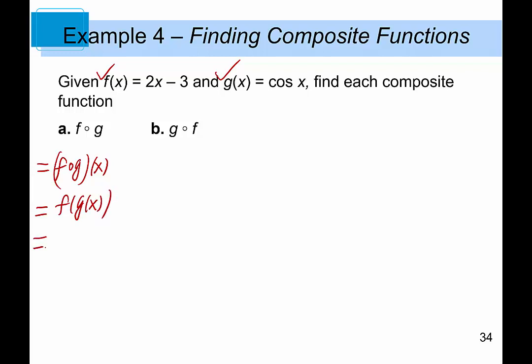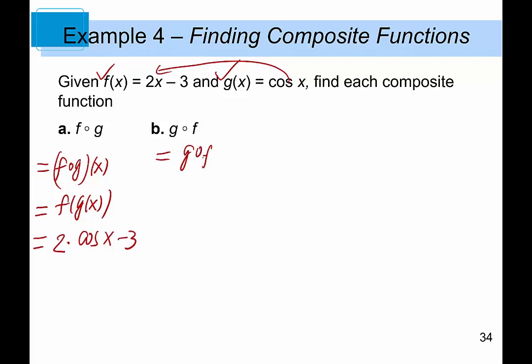For the original f of x, replace x with g of x, which is cosine x. So we write 2 times cosine x minus 3.